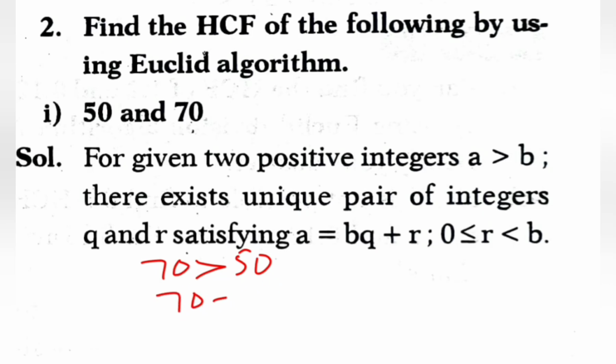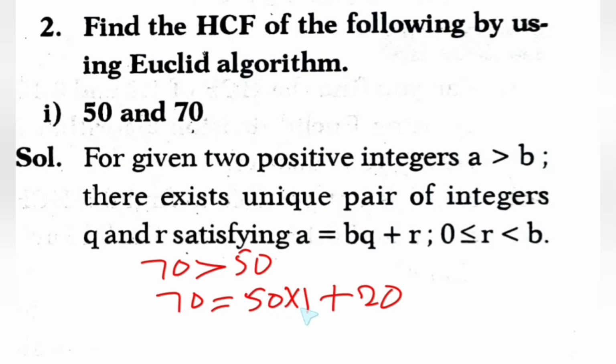70 is equal to 50 into 1 plus 20. 50 plus 20 is 70.